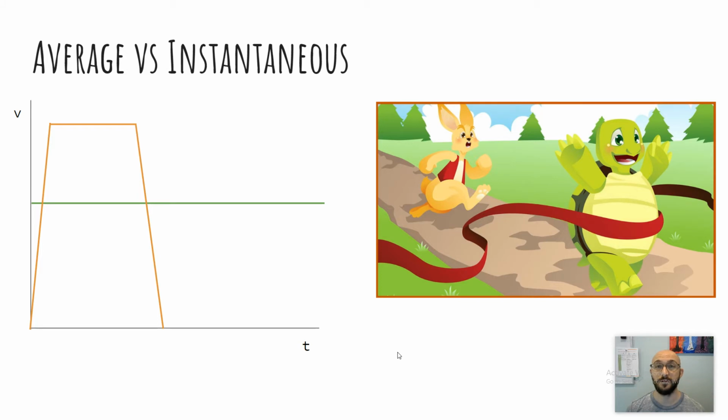At some point later, woke up and went, oh man, that's right, I'm in a race, and took off again. So even though the hare's instantaneous velocities were sometimes higher than that of the tortoise, sometimes lower, the hare's average velocity, shown by the dotted line, is lower than the average velocity of the tortoise. So the tortoise won, even though the hare can run faster.